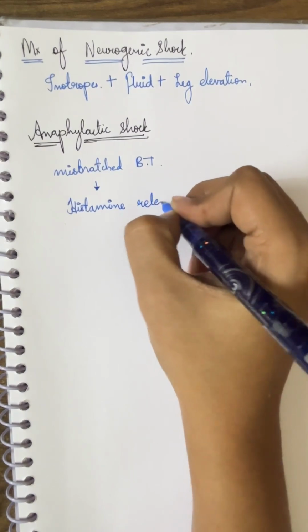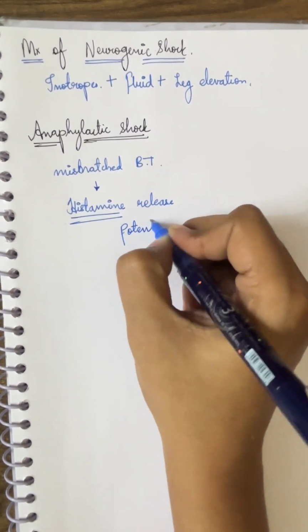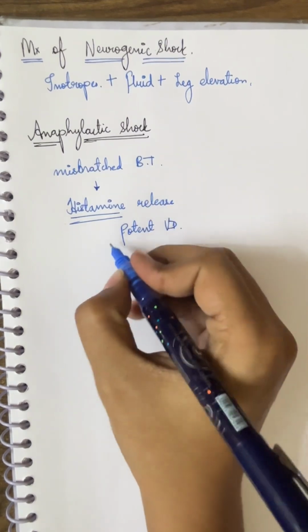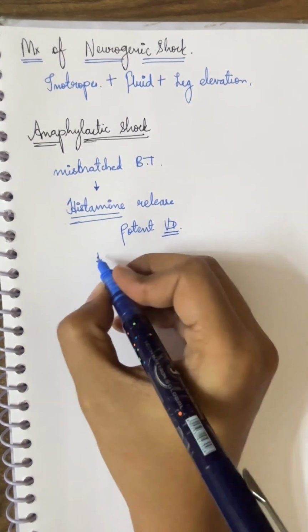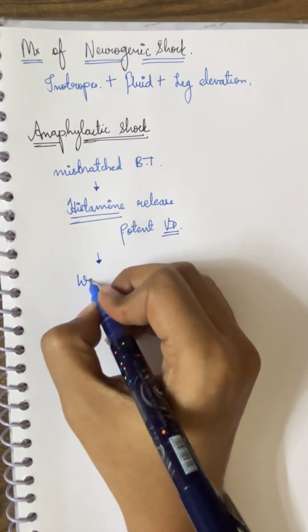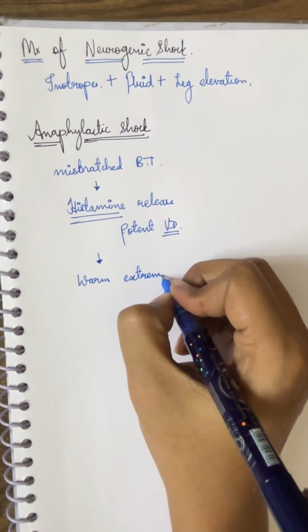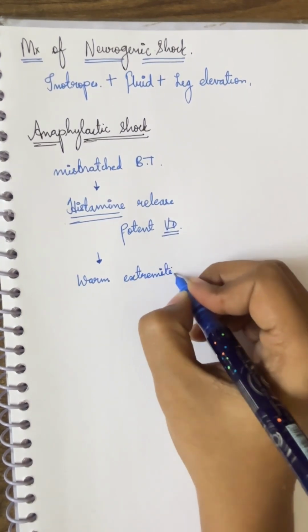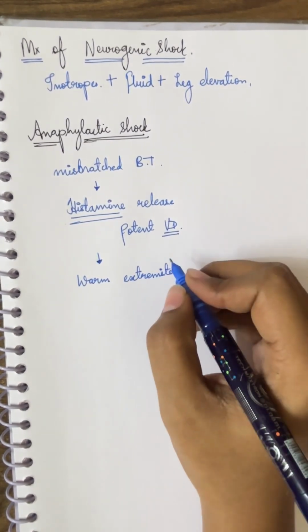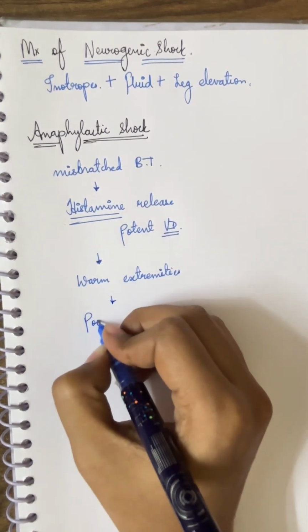And what is histamine? Histamines are potent vasodilators, and because of vasodilation, that will lead to warm extremities. Hence cold clammy skin is not seen in anaphylactic shock, and there will be pooling of blood.